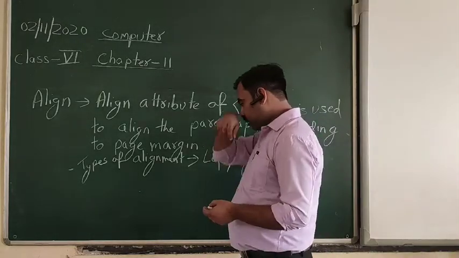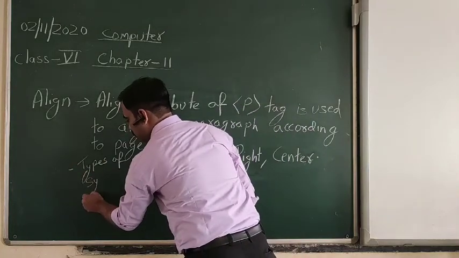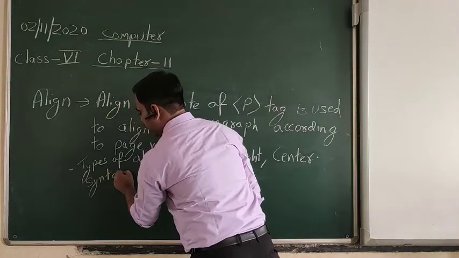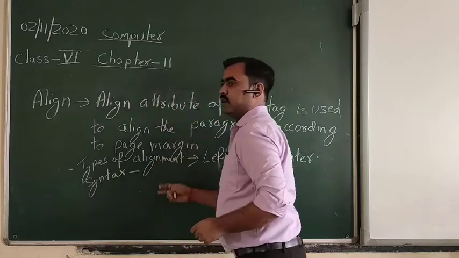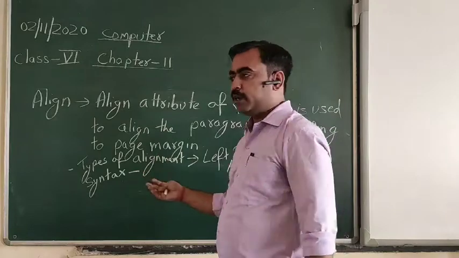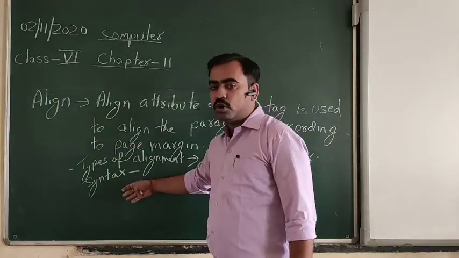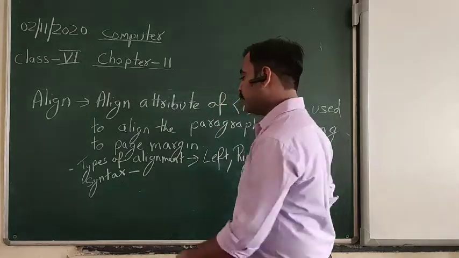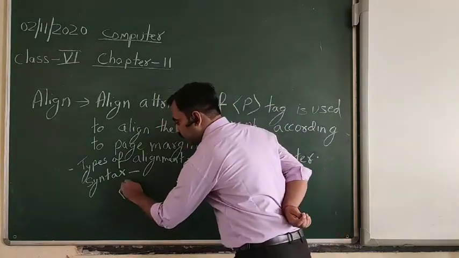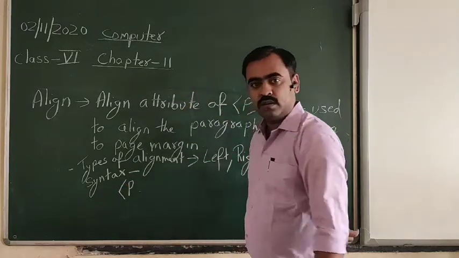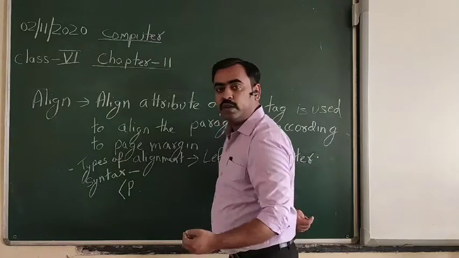Now how to write the alignment? The syntax for using the alignment attribute is, first of all, as we have used the attributes of the body tag, in the same manner we will use the attribute of the p tag also. So first of all, use the bracket, write the name of the tag followed by the name of the attribute.